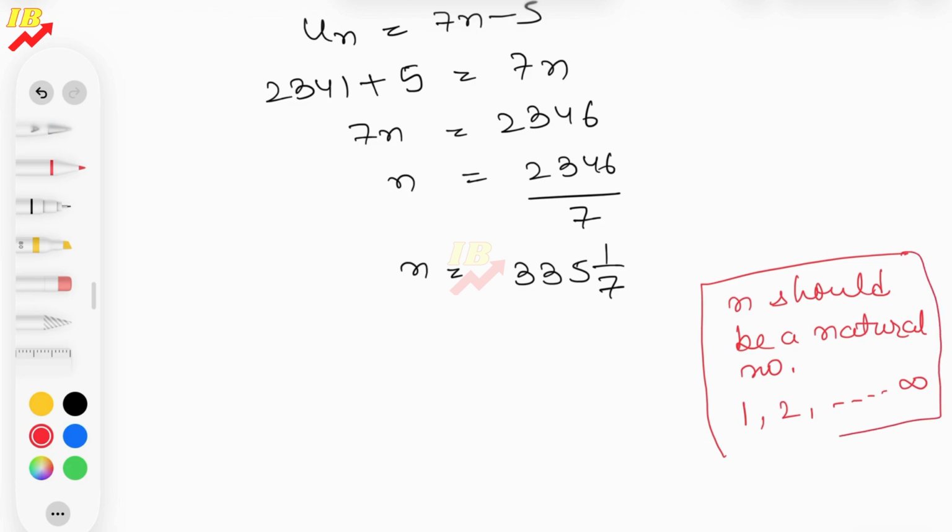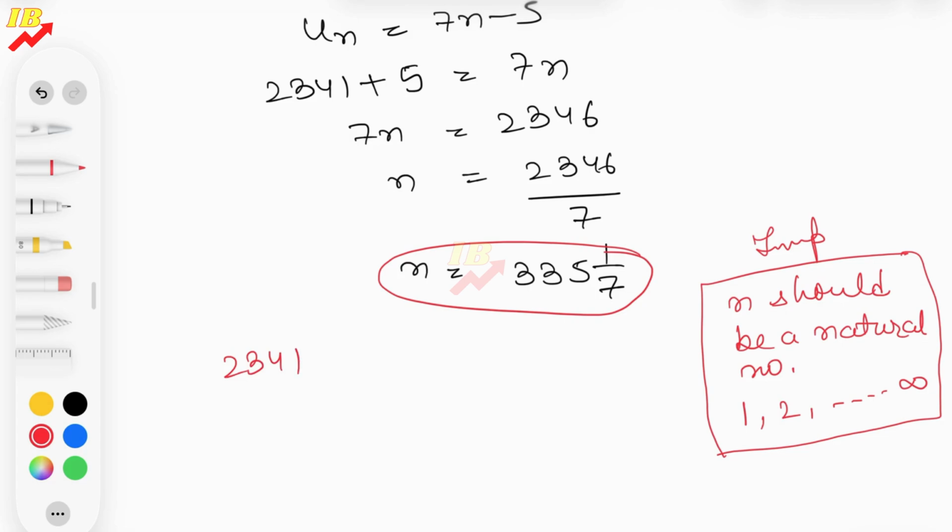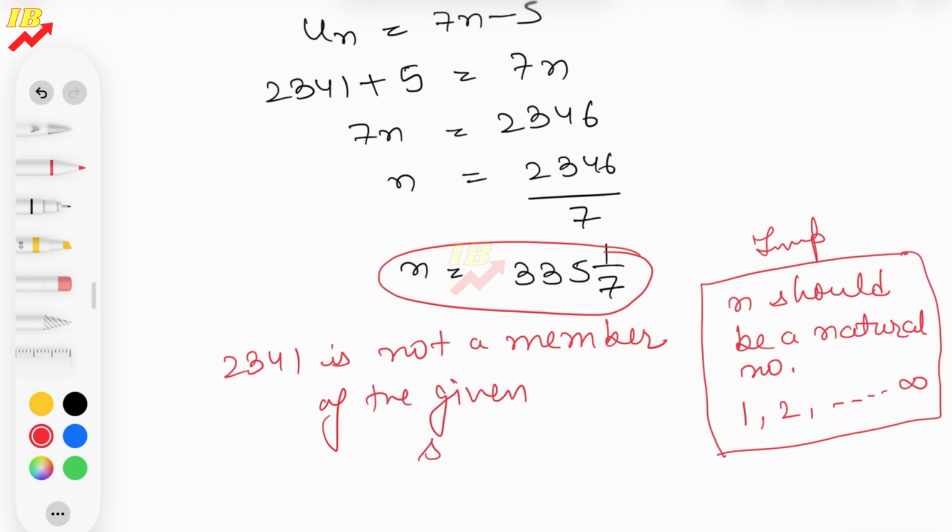This is important to understand, that it is never going to be negative, never going to be fractional. So that means if n is giving you a fractional answer, that means 2341 is not a term or a member of the given sequence, right? Please always keep this thing in mind.